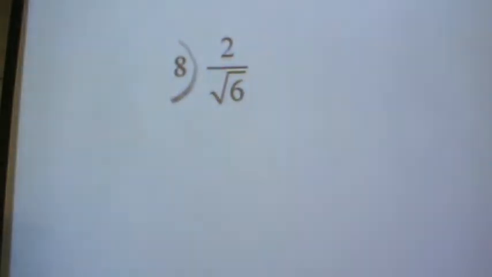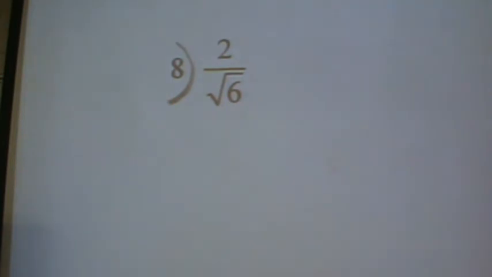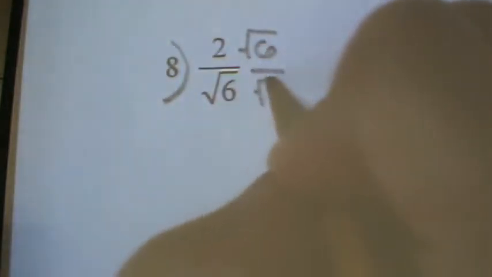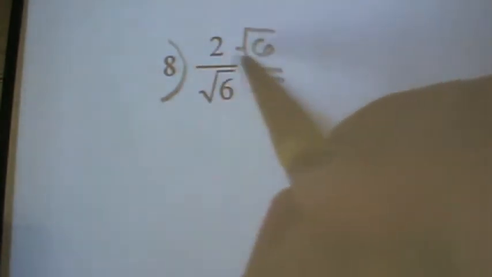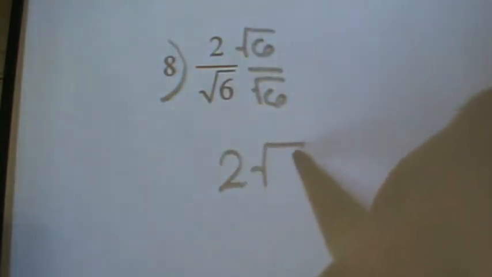So let's try another one. Number 8. This is number 8. Parenthesis there. All right, what do I need to multiply the top and the bottom by? Square root of 6. Excellent. Okay, so what is the top going to give you? 2 root 6 over 6.